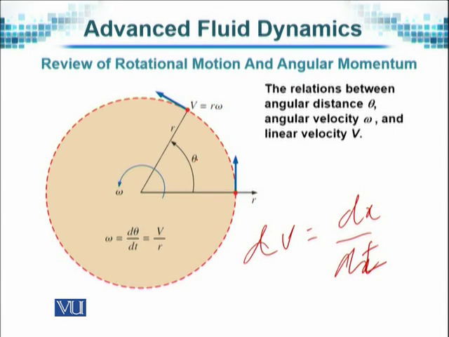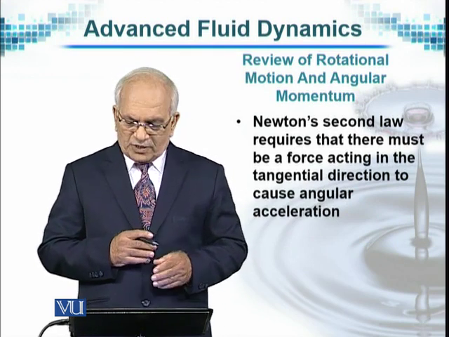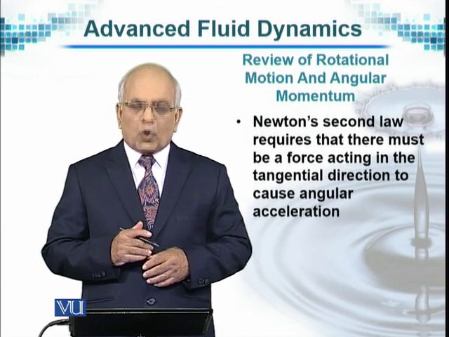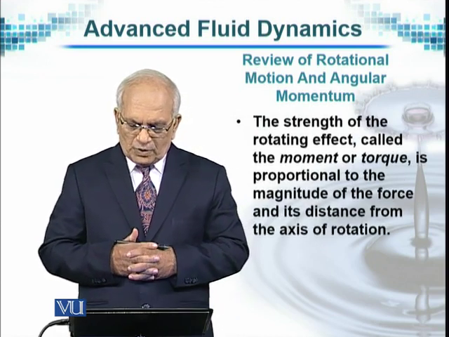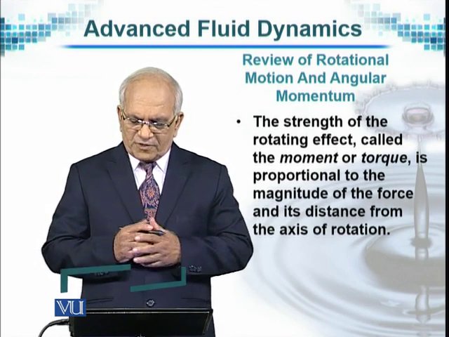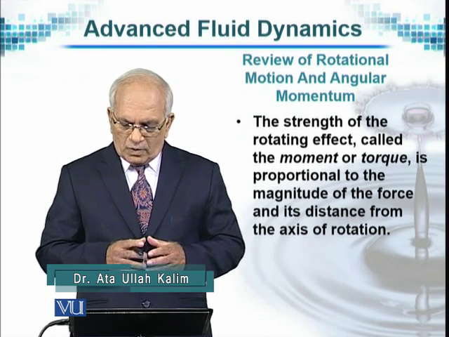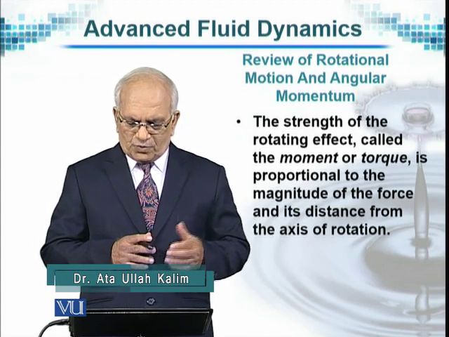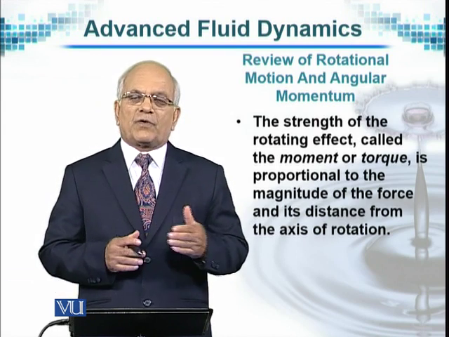Newton's second law requires that there must be a force acting in the tangential direction to cause angular acceleration. The strength of the rotating effect, called the moment or the torque, is proportional to the magnitude of the force and its distance from the axis of rotation.